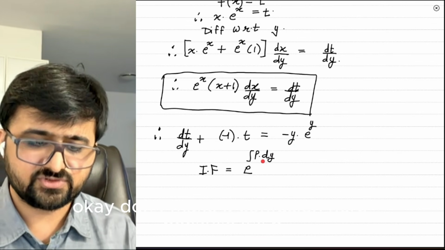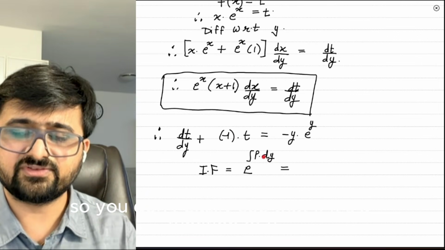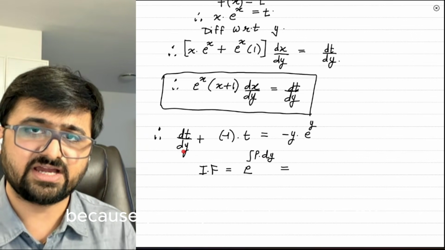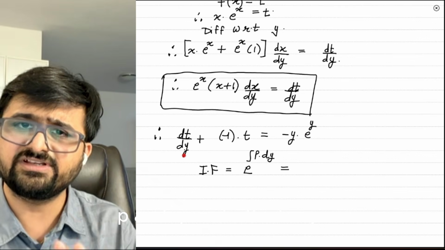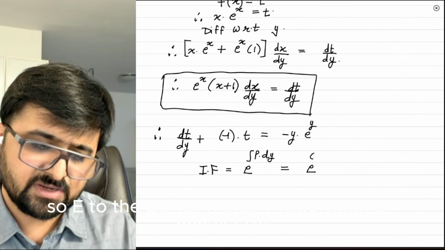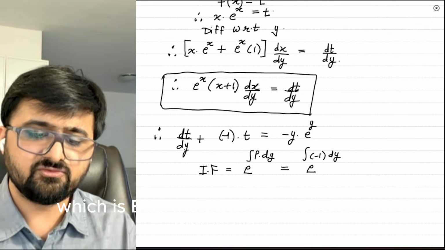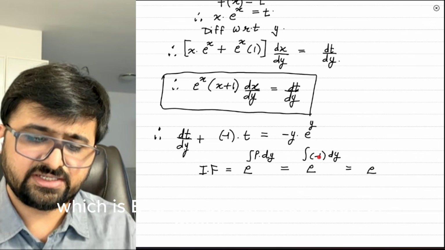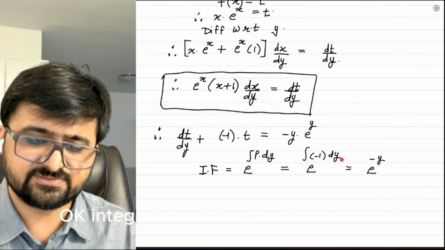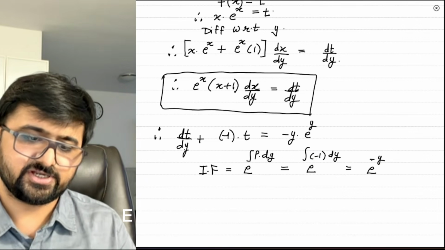Don't get confused here, because the value of p is minus 1 over here, so you don't easily see that it's a function of y. But remember, in this case, p and q are both functions of y, because y is the independent variable. So e to the power integration of minus 1 dy, which is e to the power minus y, since integration of 1 is y. And that's your integrating factor, e to the power minus y.